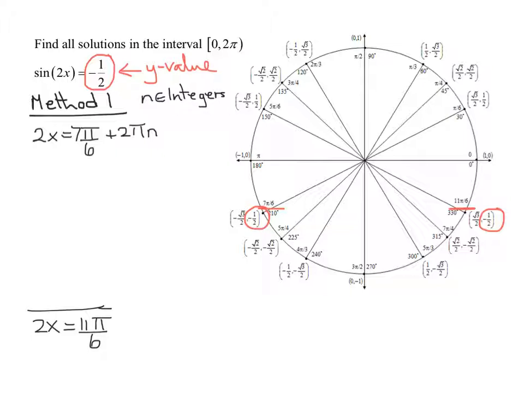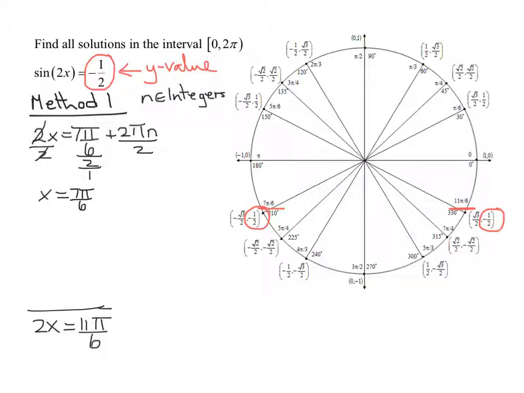So now to find x, all we have to do is divide each part by 2. And remember, when you divide a fraction by 2, turn the 2 into 2 over 1. So we're going to get x equals a fraction divided by a fraction. Take the fraction in the numerator and multiply it by the reciprocal of the denominator.